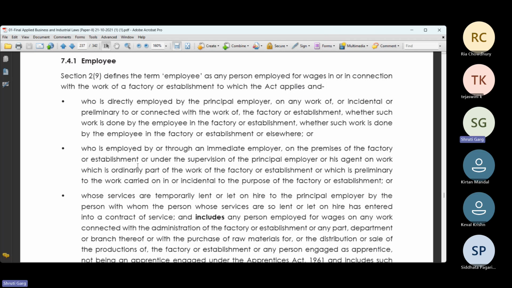Section 2, subsection 9 defines the term employee as any person employed for wages in or in connection with the work of a factory or establishment to which the act applies.